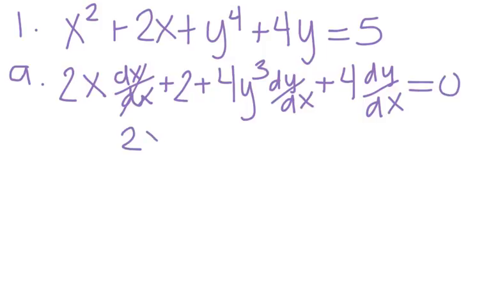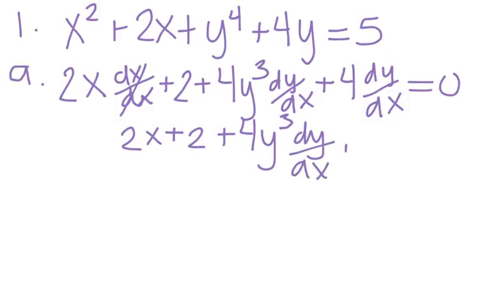So we get 2x plus 2 plus 4y to the third dy dx plus 4 dy dx equals 0.